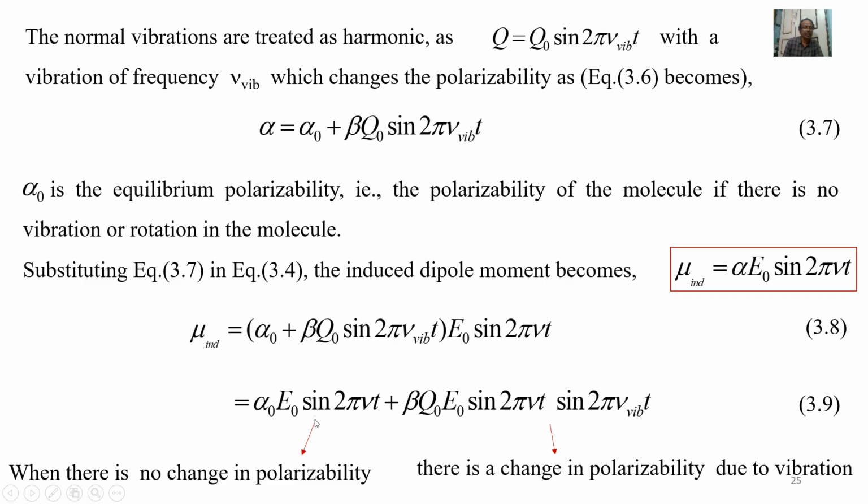The first term represents no change in polarizability, whereas the second term represents a change in polarizability due to vibration, because we have an additional frequency term. See here, nu vibration. Here there is no nu vibration, nu alone is there, so there is no change in polarizability. Here there is a change in polarizability due to the additional term, so due to vibration.